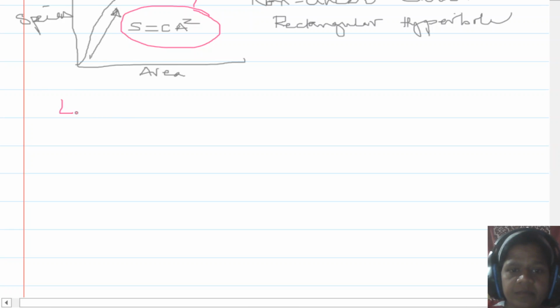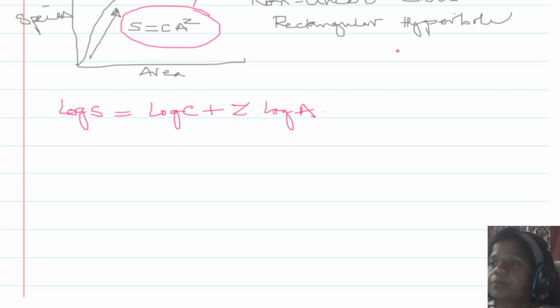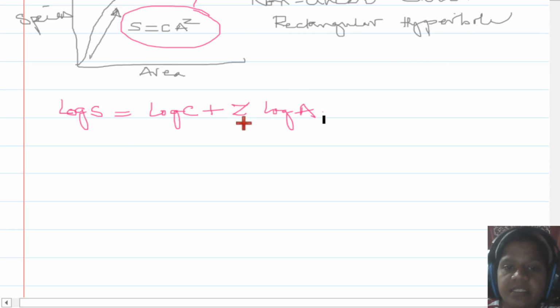And the equation becomes log S equals log C plus Z log A, right? So what are all these different terms?